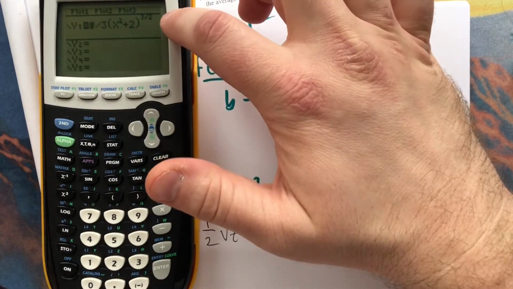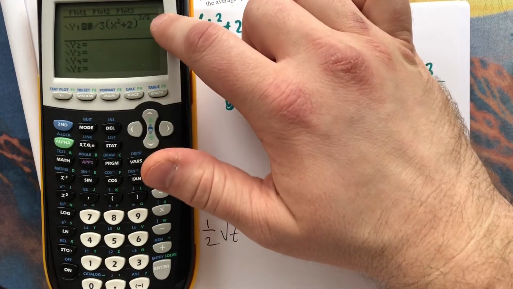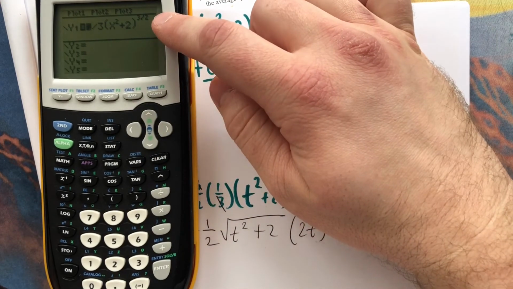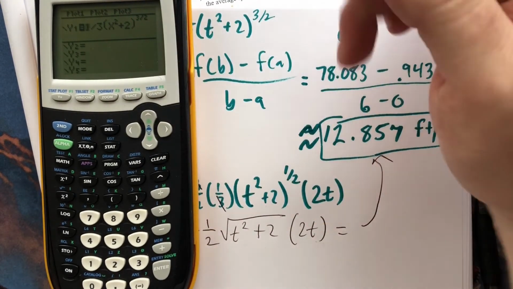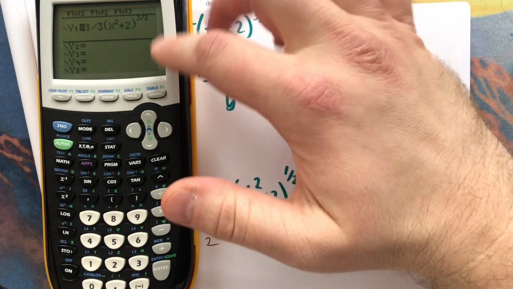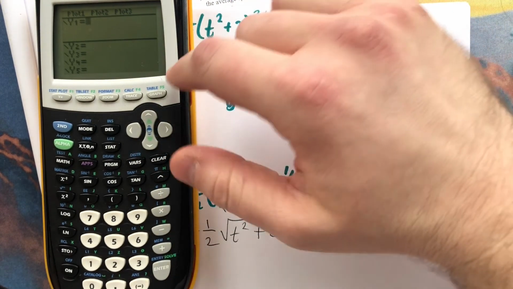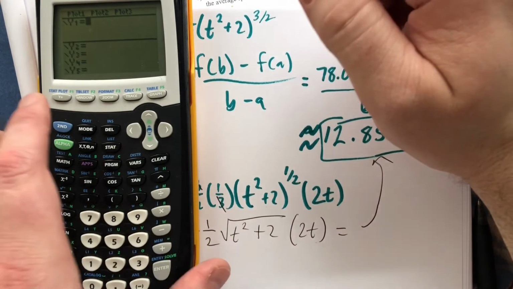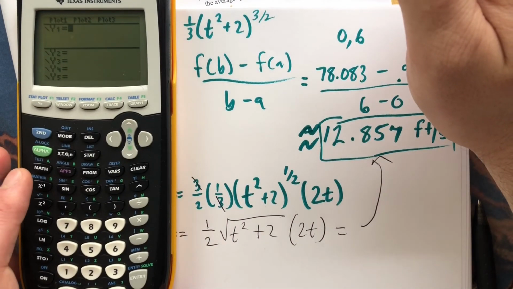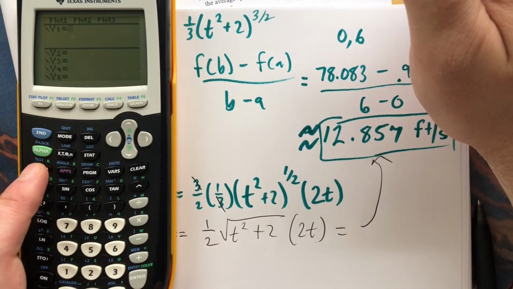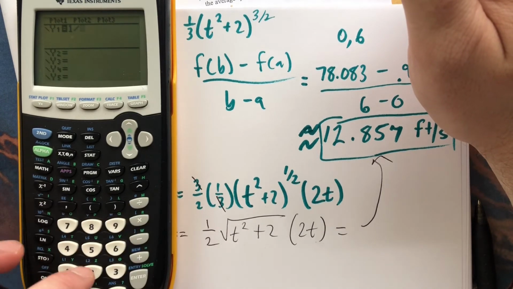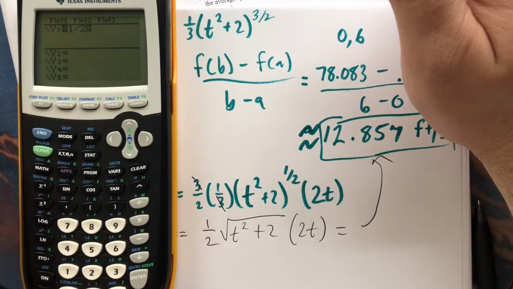So here's our function, but I don't want to know when f of t is equal to that 12.857. I want to know when the derivative is equal to 12.857. So I'm going to show you the super lazy way to do this.